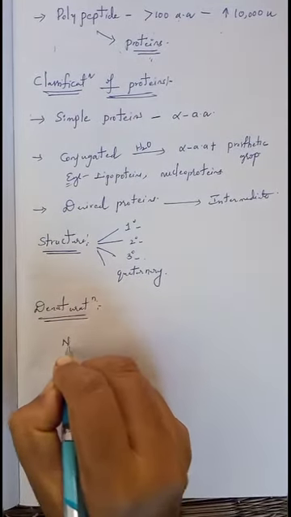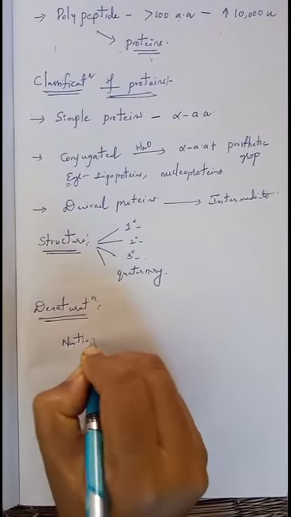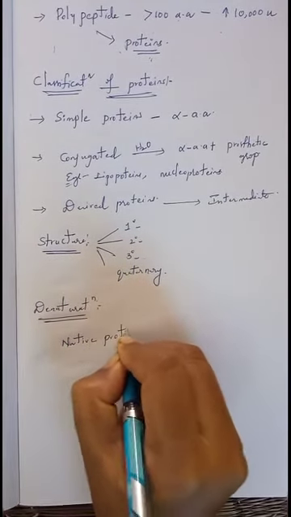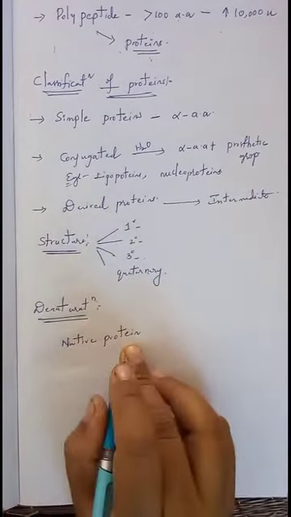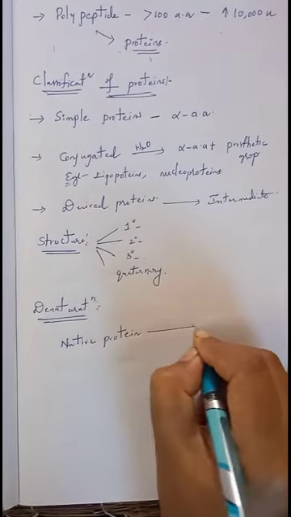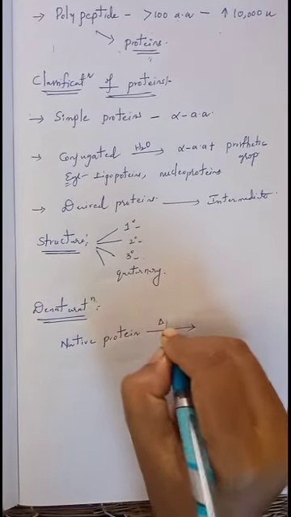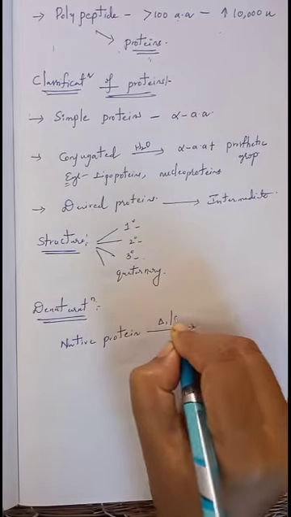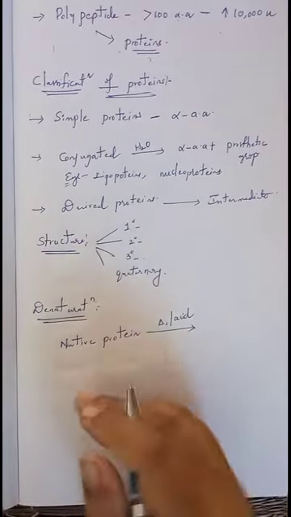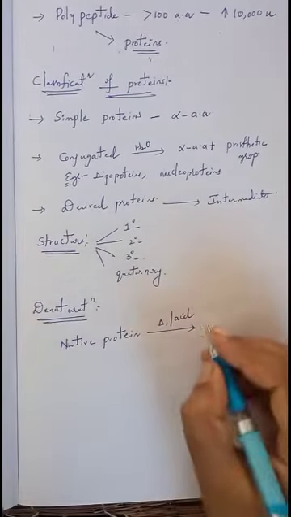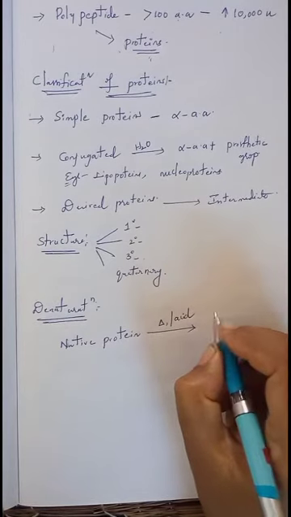In the human body, the protein is present in the native state. Whenever it is subjected to a change in temperature or heating, or treated with acid, or the pH level is changed, immediately it loses its biological activity.